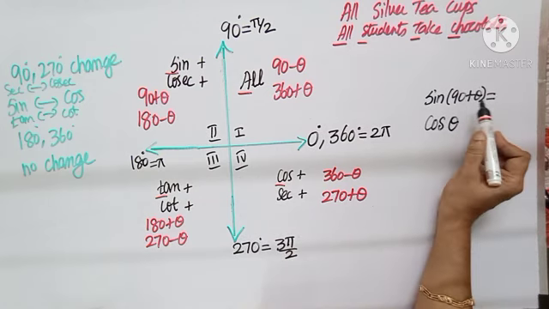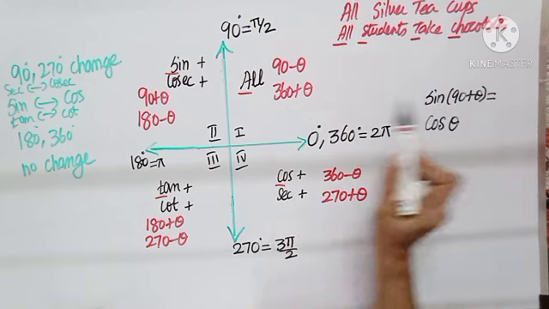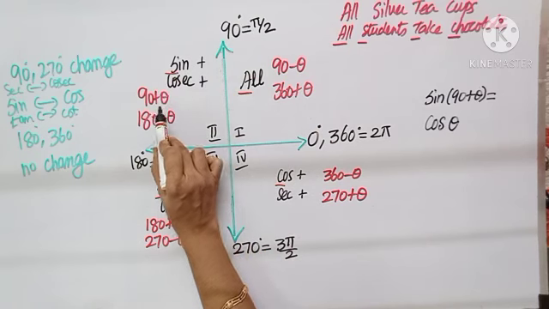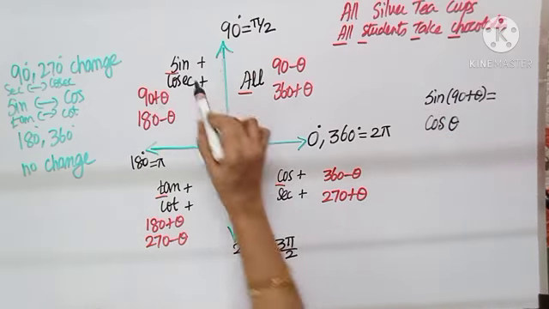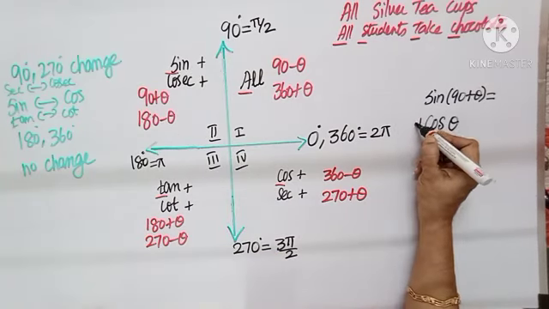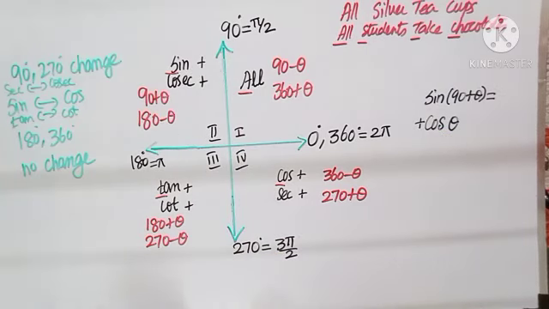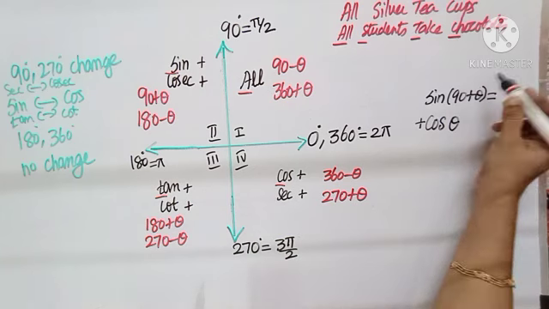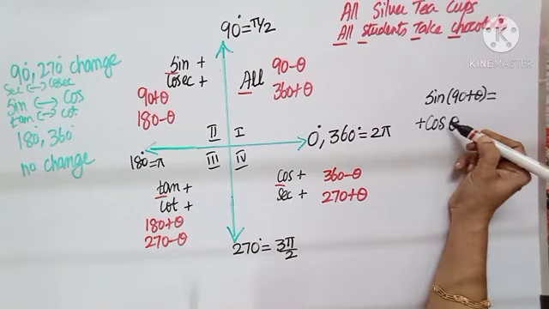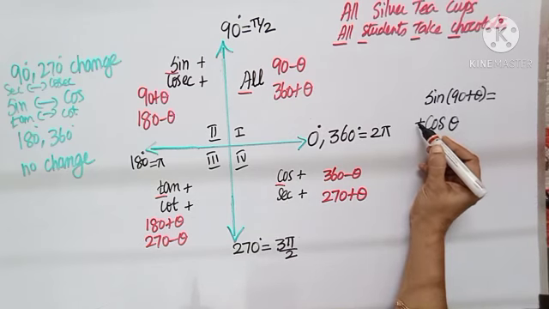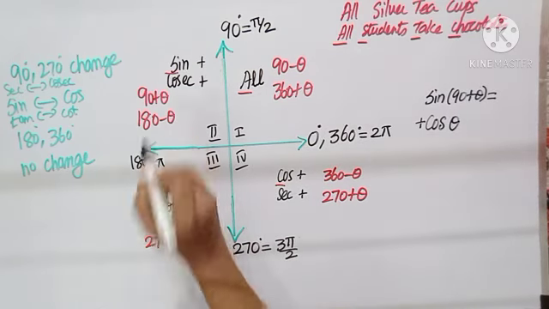Where is 90 plus theta coming? 90 plus theta is in second quadrant. Second quadrant, sine is positive. So my answer is plus cos theta. 90 will go away. 90 plus theta only becomes this. So I have to check whether it is plus or minus depending on the quadrant.